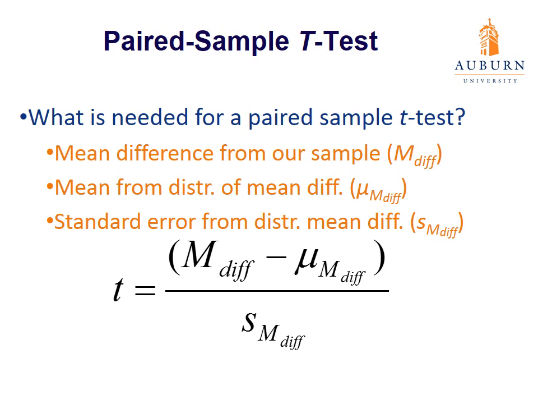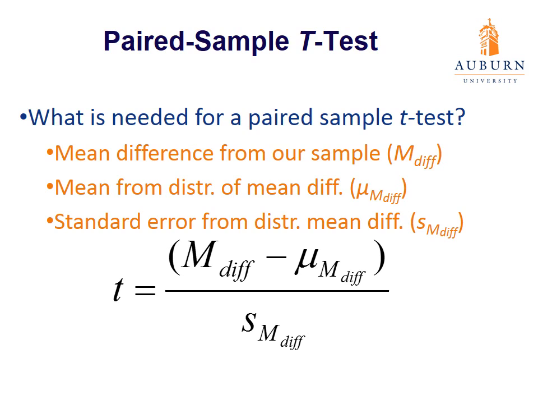In the population, if there's no difference between the two means and we subtract them from each other, then we should get 0. So we'll take the differences of our samples, subtract 0, which is the difference we're assuming in the population, and then divide by the standard error of the difference scores from our sample.